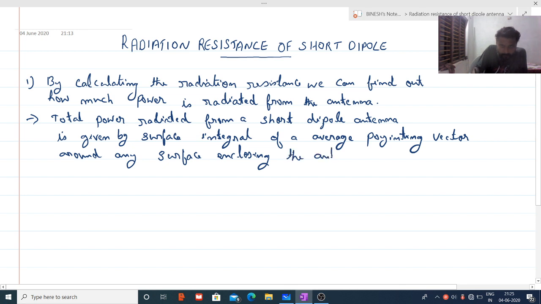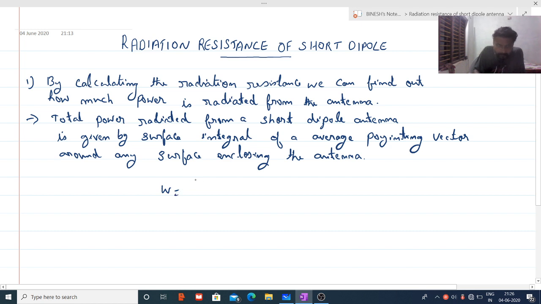I think it is clear for you people. So the total power radiated from a short dipole antenna is given by the surface integral of the average Poynting vector around any surface enclosing the antenna, and that is given by W, the total power radiated.